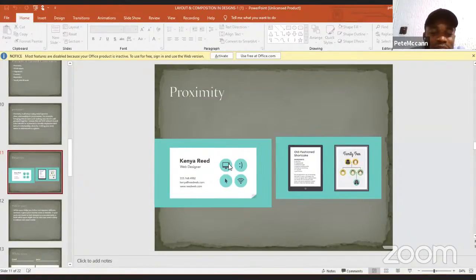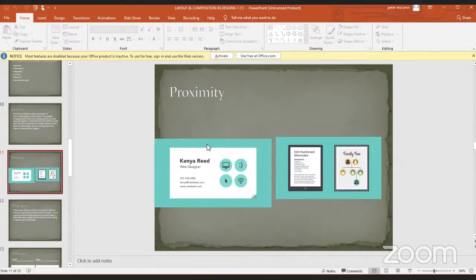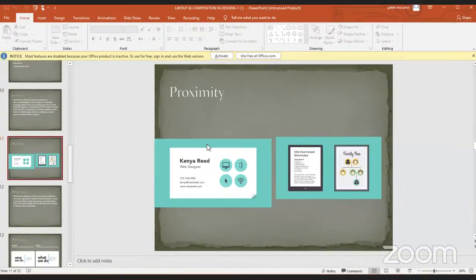There is a particular thing it's talking about when it comes to the basic principles of design. It's speaking about one thing. What is it speaking about?